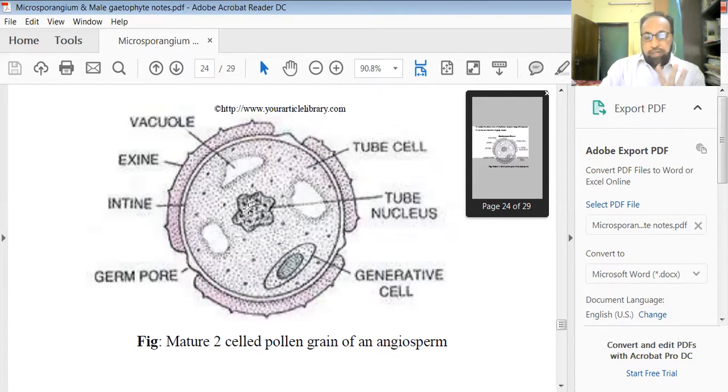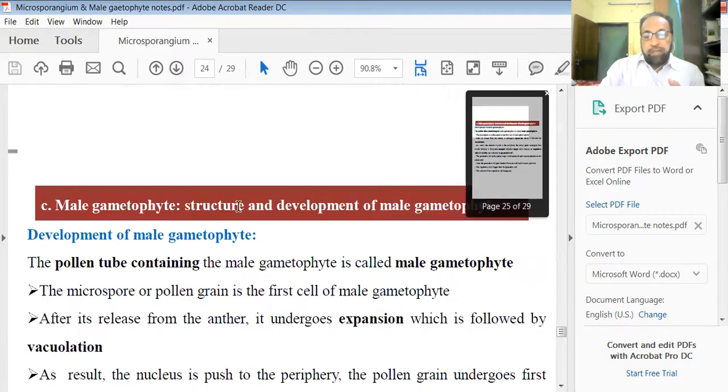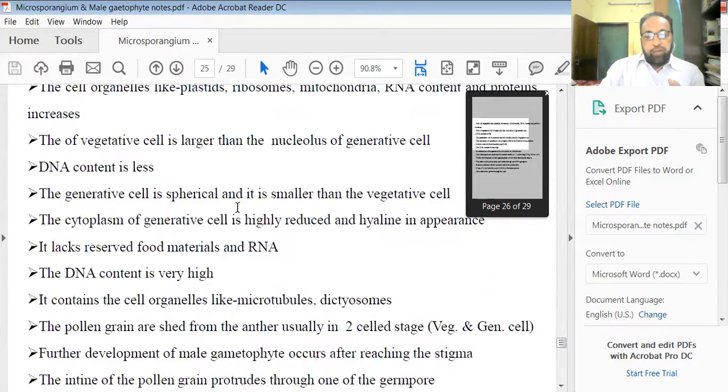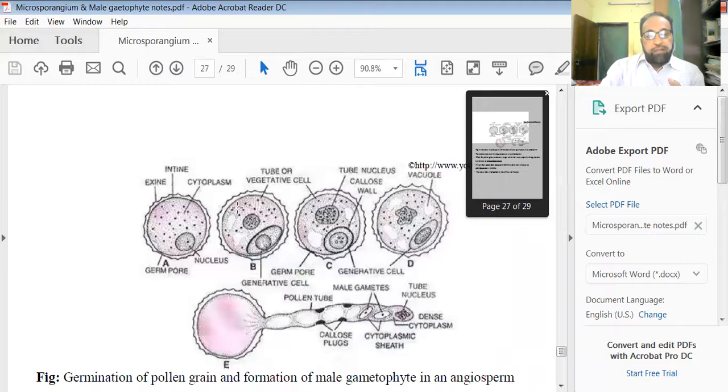It is not the male gametophyte, it germinates, and that results in the formation of the male gametophyte. How does it germinate? I will show you if you are able to see this one. Just see, these are the stages of germination.